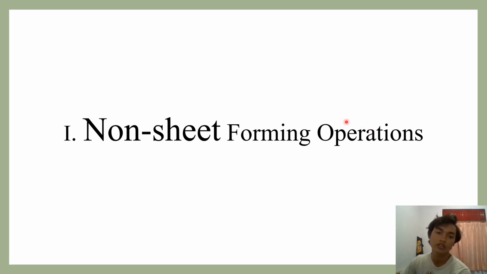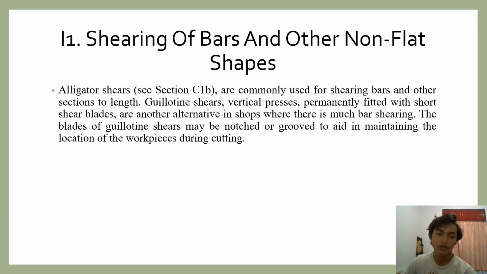Okay, and next, I, non-sheet operations. I1, shearing of bar and other non-flat shapes. Alligator shears or C-section shears are commonly used for shearing bar and other sections to length.